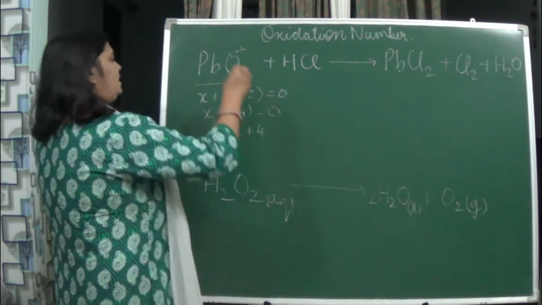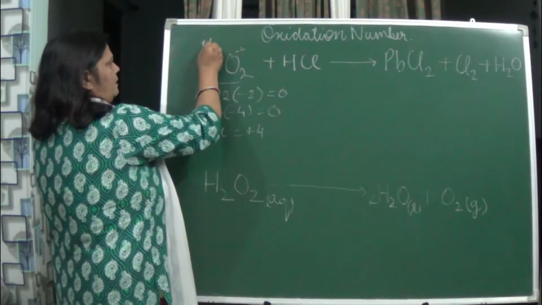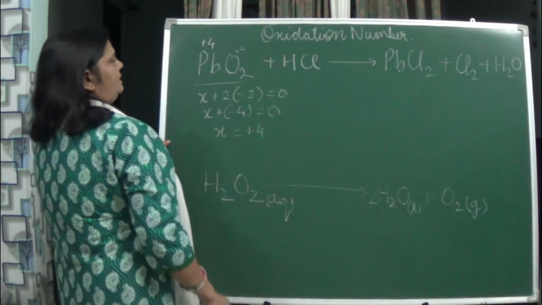Here the oxidation state of lead is plus 4 and oxygen is -2.